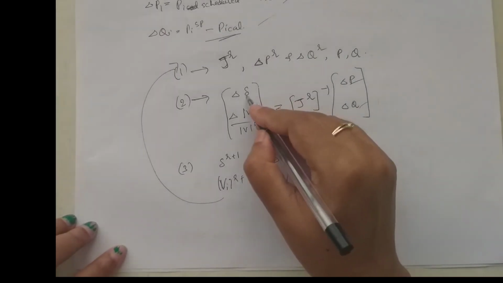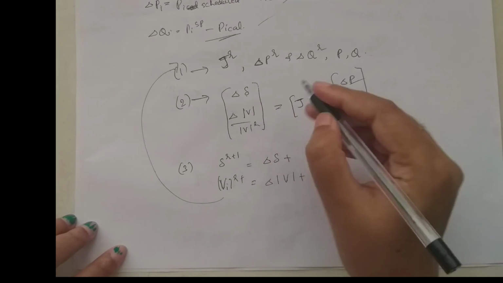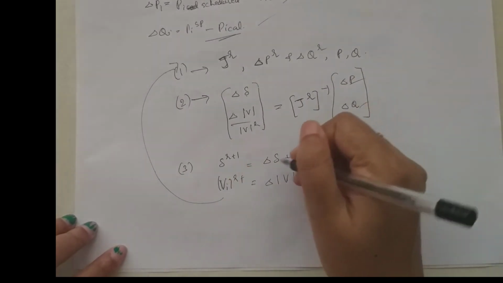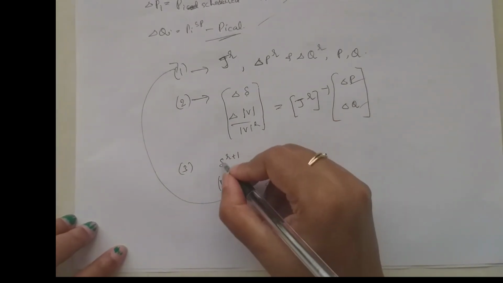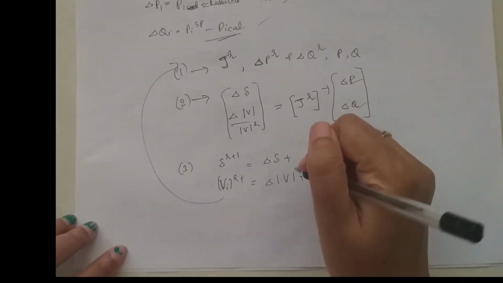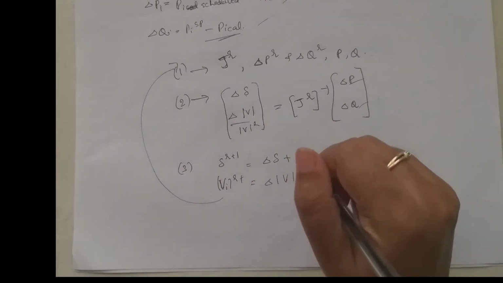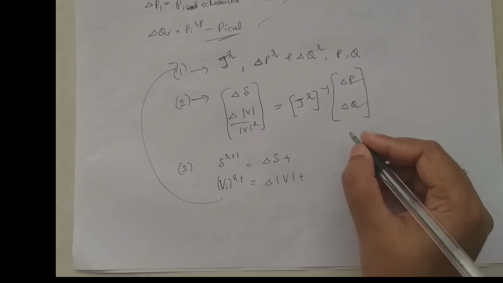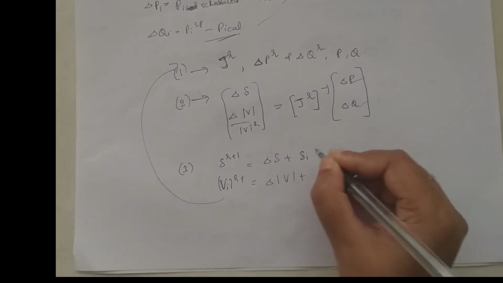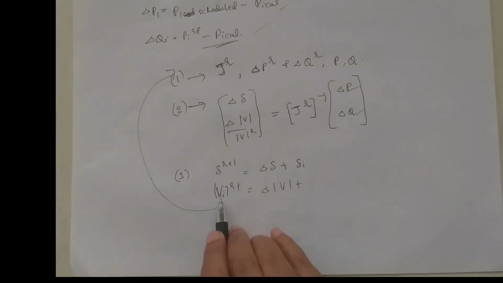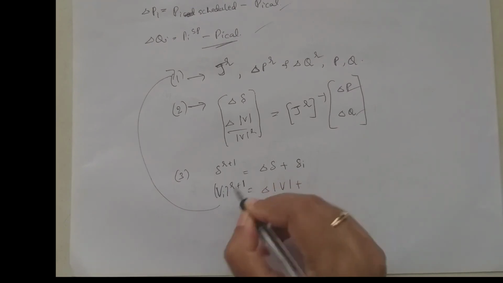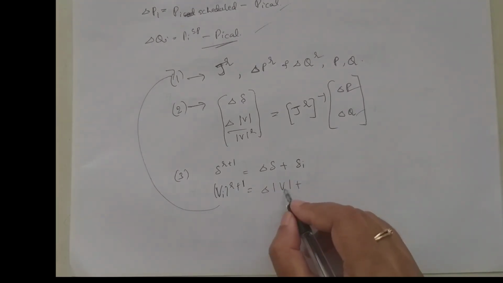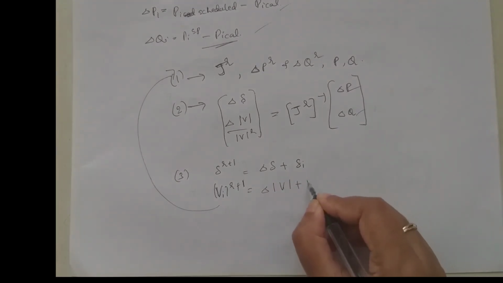After calculating delta delta and delta V, we have to update delta. How do we update delta? Delta at iteration r plus 1 is equal to delta delta plus delta at iteration r. Similarly, we have to update V at iteration r plus 1: delta V plus Vi.